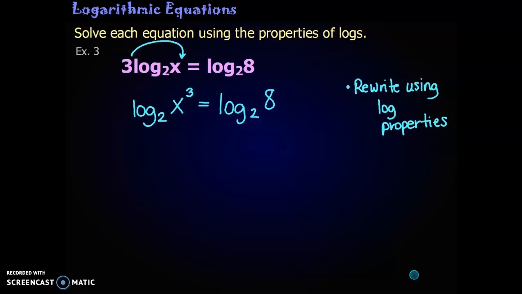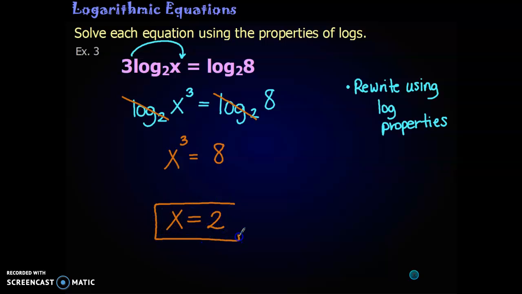So we need that to be written as a log base 2 of stuff, log base 2 of other stuff, so that now we can cancel out the log base 2's and we can set x cubed equal to 8. Again, perhaps you can figure that out in your head because you know what number cubed gives you 8. Or mathematically, if we're looking for a step here, that would be to cube root both sides. And you can take the cube root of 8 on a calculator to get 2.